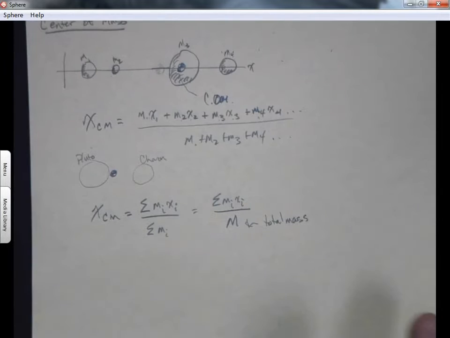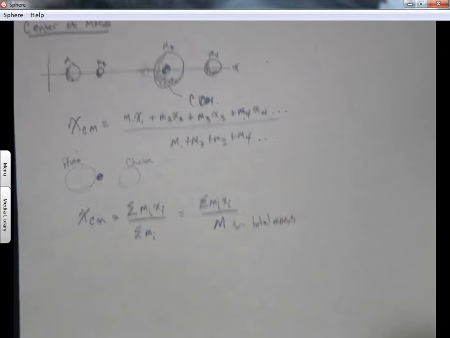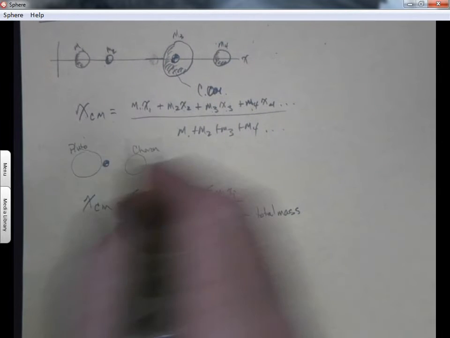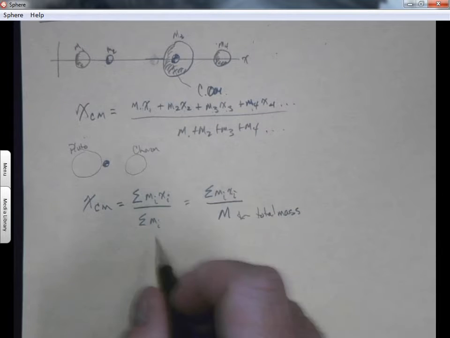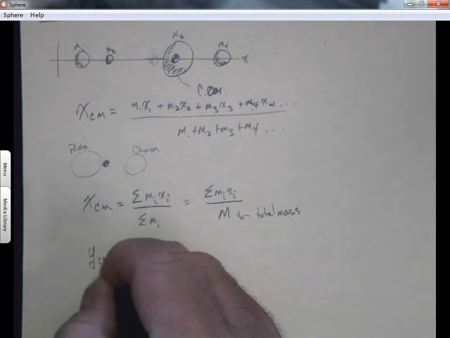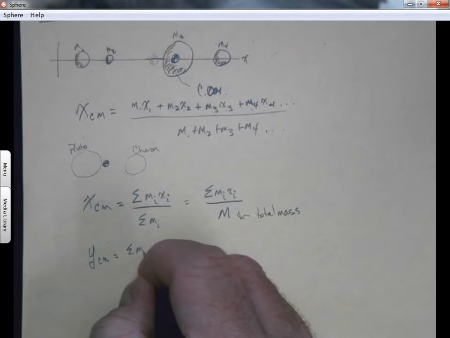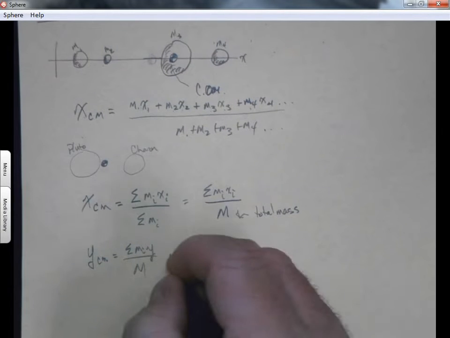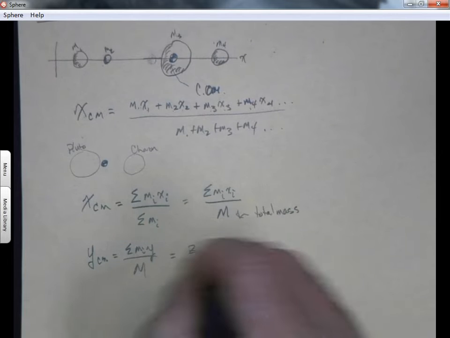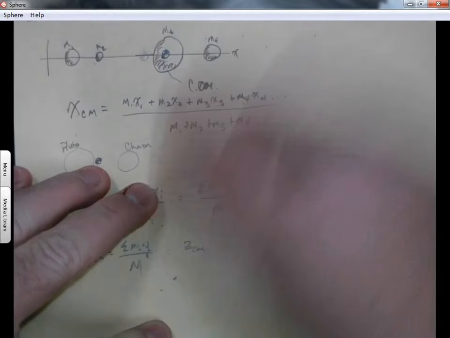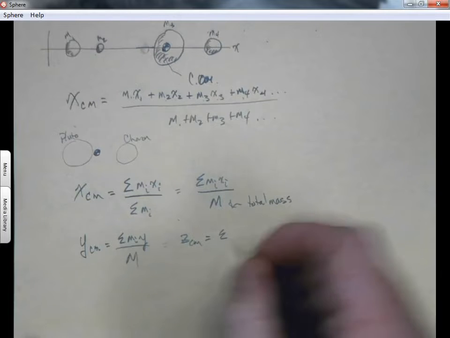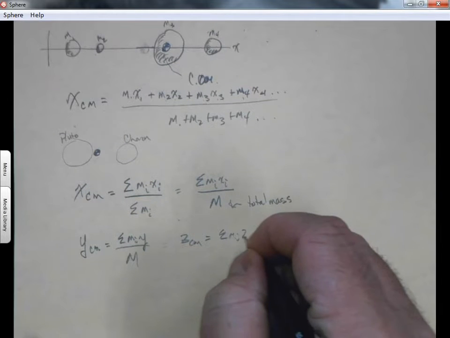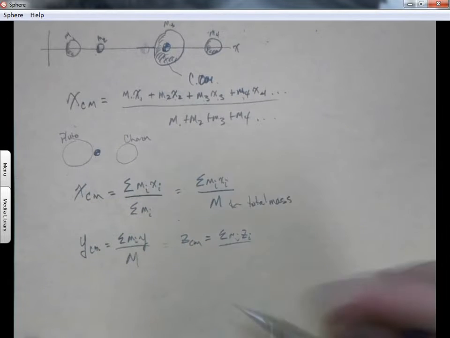All right, that leads us to start breaking this up, because the position of the center of mass is actually a vector. We can do the same calculation for the y center of mass, which would be the sum of m_i y_i over M, and the z center of mass equals the sum of the masses with the z positions all over the total mass.